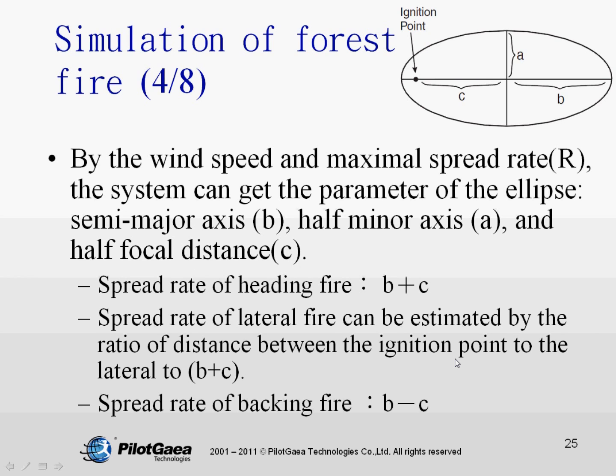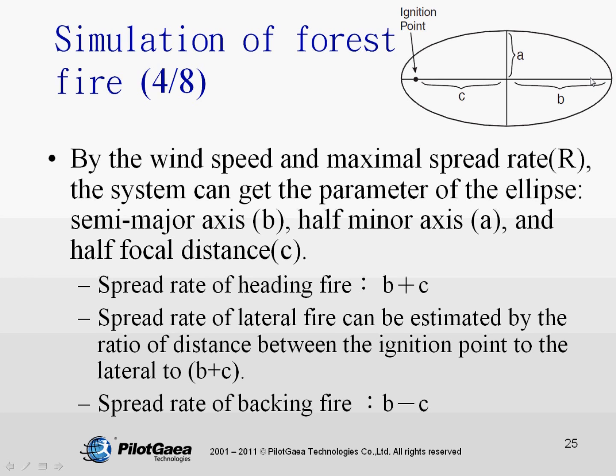As mentioned before, the shape of fire spread area is ellipse. In this figure, the ignition point is here. The direction of wind is to east.